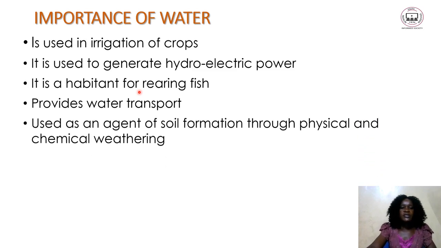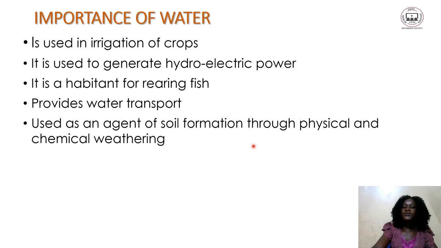And also water is essential because it is used as an agent of soil formation. This can be through physical and chemical weathering. In agriculture, we learn that soil is formed from rocks.